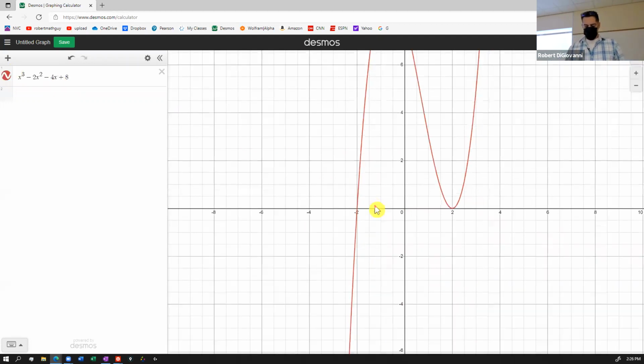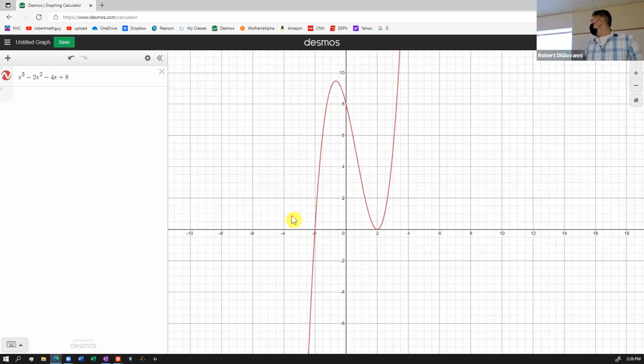There we go. So there's a graph of a particular polynomial function: x cubed minus 2x squared minus 4x plus 8.